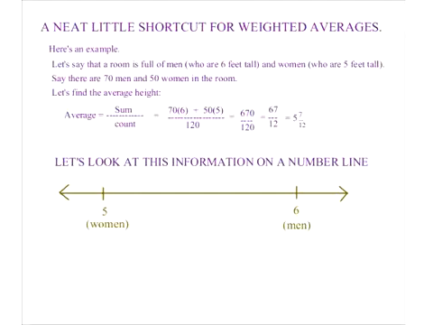That is found right there. So 5 and 7/12 is our friendly weighted average.